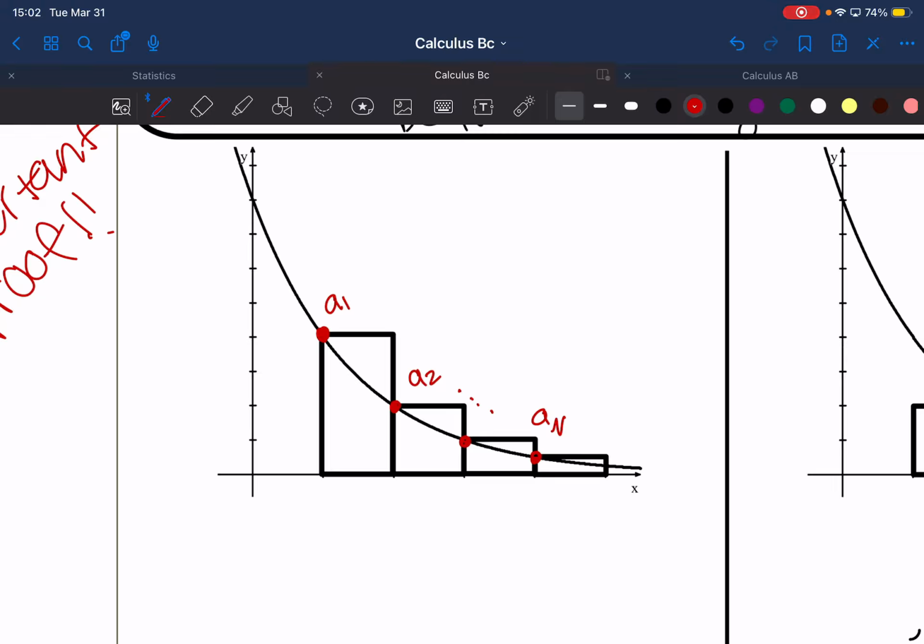Also remember that A sub n is representing f of x. So that means this is the same as saying f of 1, f of 2, and f of n. We could also label the x-axis down here: 1, 2, dot, dot, dot, n plus 1.